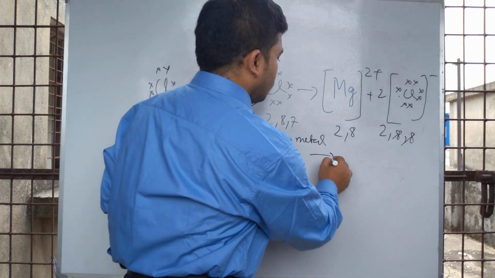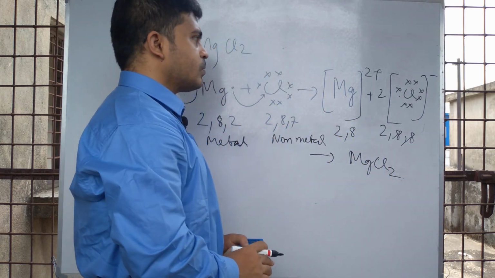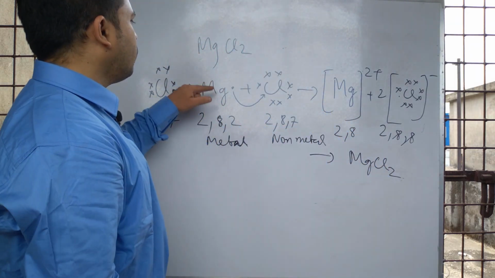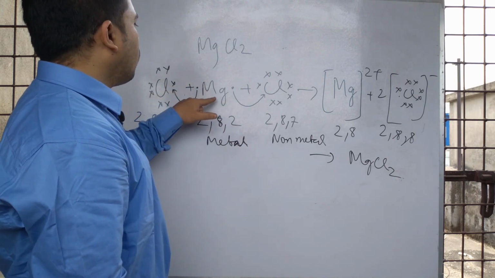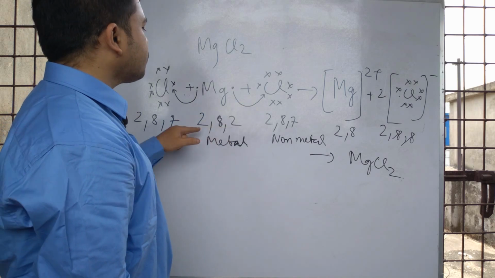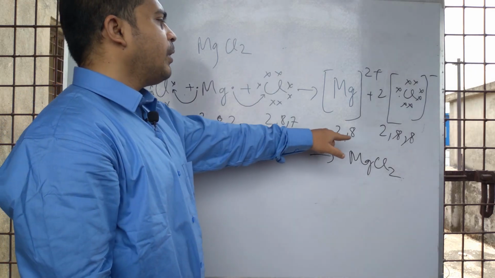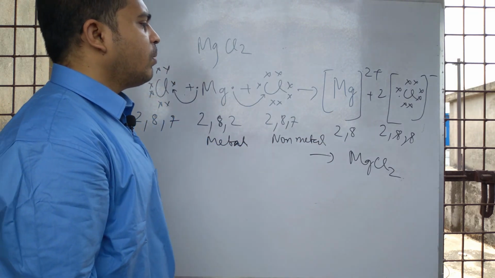And now the compound is MgCl2. MgCl2 is formed this way: magnesium losing 2 electrons, 1 to each chlorine atom, and their electronic configuration becoming the inert gas electronic configuration, and MgCl2 is formed.